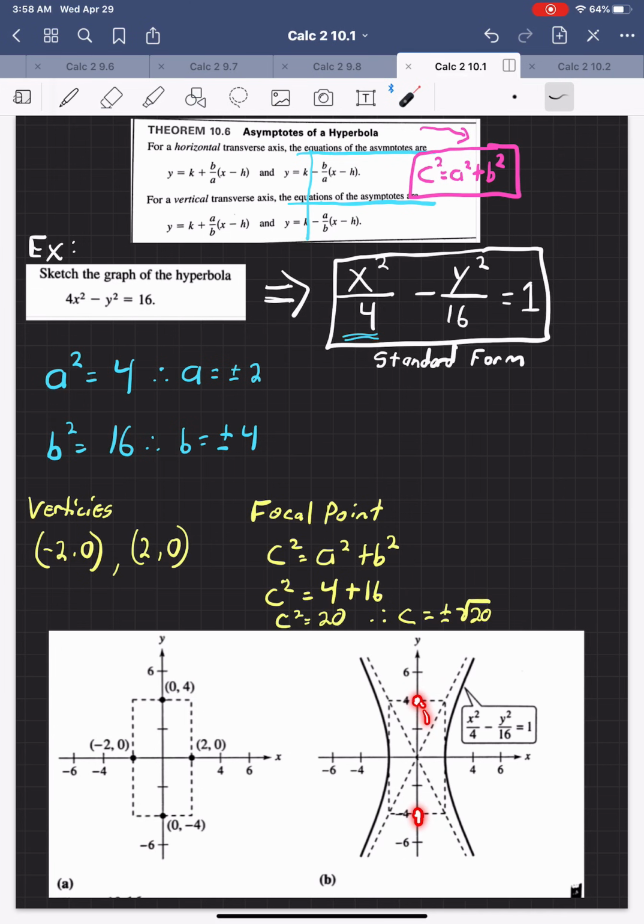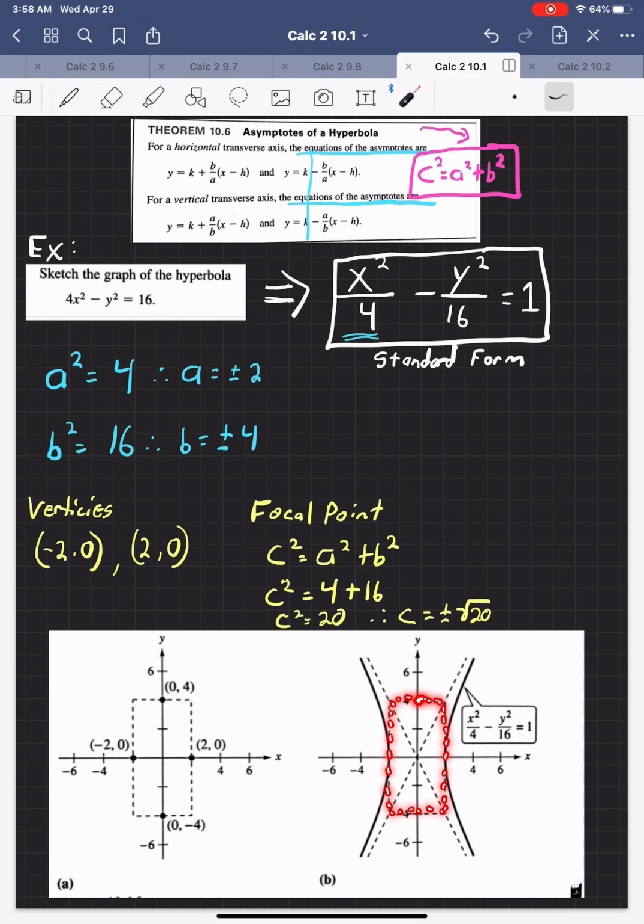To graph a hyperbola is not always easy, but this is my conjugate axis. You would form a rectangle using the information that I've produced for you.